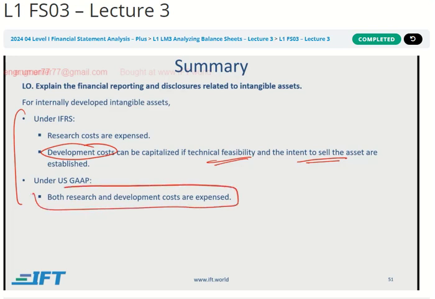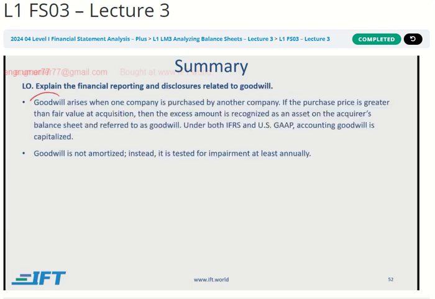Under GAAP, it's almost impossible unless the development is for software, and even then there are some very stringent conditions. Goodwill, of course, you can record if you are purchasing it. I gave you the example of Facebook and WhatsApp, and that still has to be tested for impairment annually. It will not be amortized because it's not a finite useful life. It is an infinite useful life.